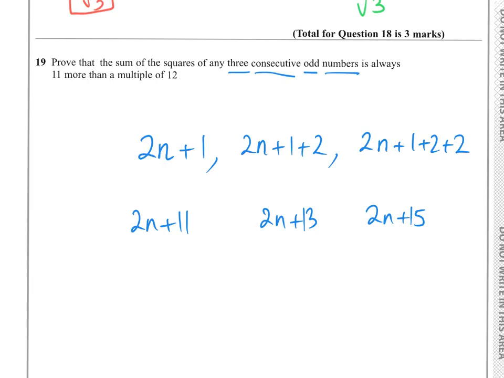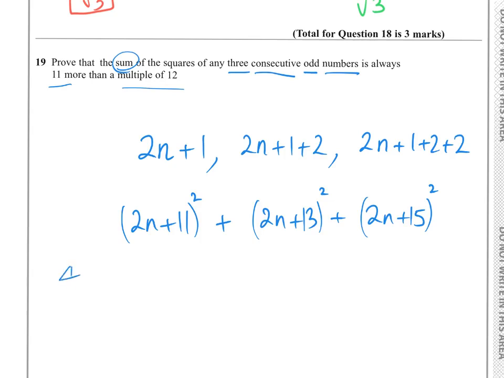And we want to prove that the sum of the squares, so the sum of the squares, so you might regret me choosing these large numbers now, but don't worry, we'll be fine. And we've got to show that's 11 more than a multiple of 12. Well, let's just multiply these out.